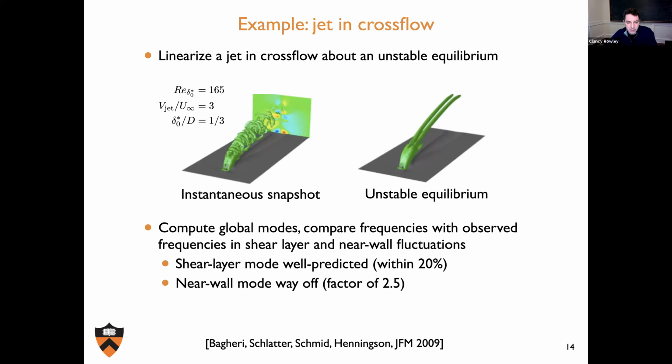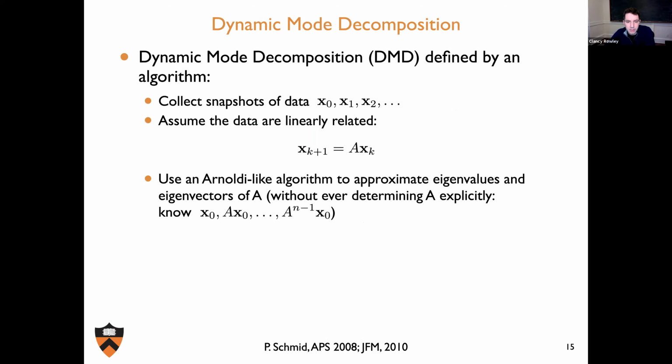What they found was that the mode that coincides with these shear layer structures close to the jet is pretty well predicted, the frequency within 20%. But the near wall mode was way off, the frequency was off by a factor of 2.5. So the conclusion was that linearization about this equilibrium didn't really work very well for predicting the frequencies.